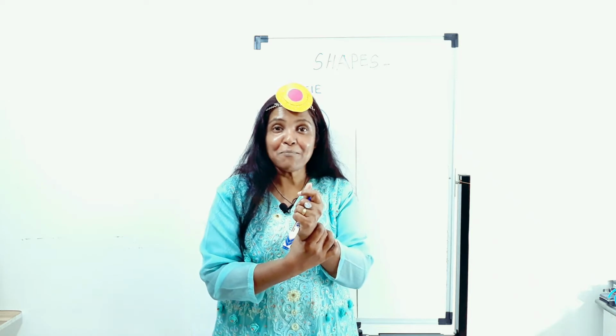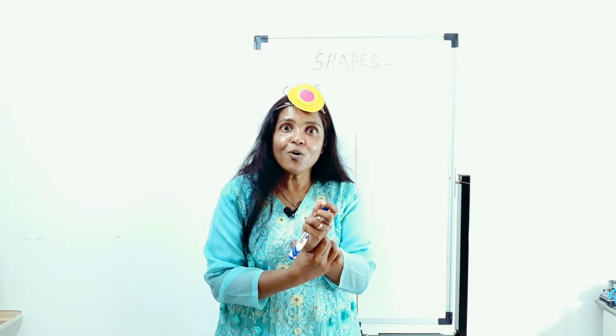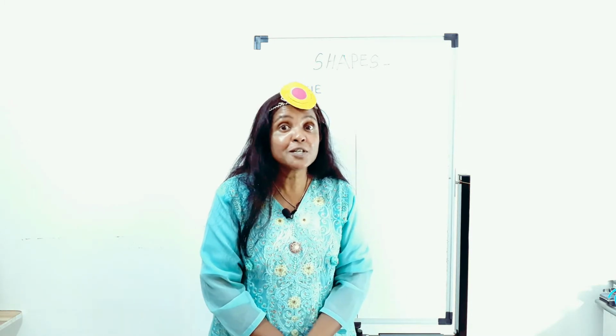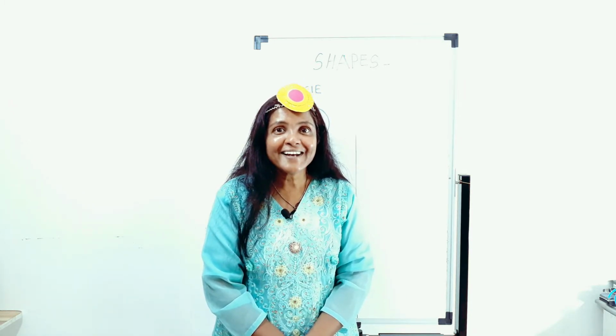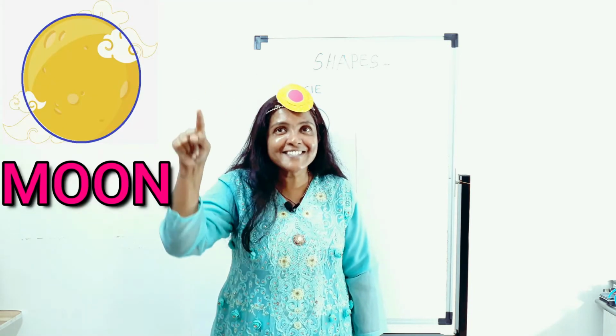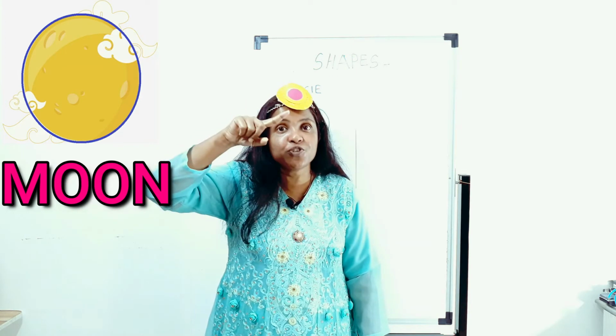Okay, many things we know. Oh, did you forget Mr. Golden Sun? Sun in the sky. We can also see the round shape, right? And one more thing, moon. Yes, we can see it in round shape.